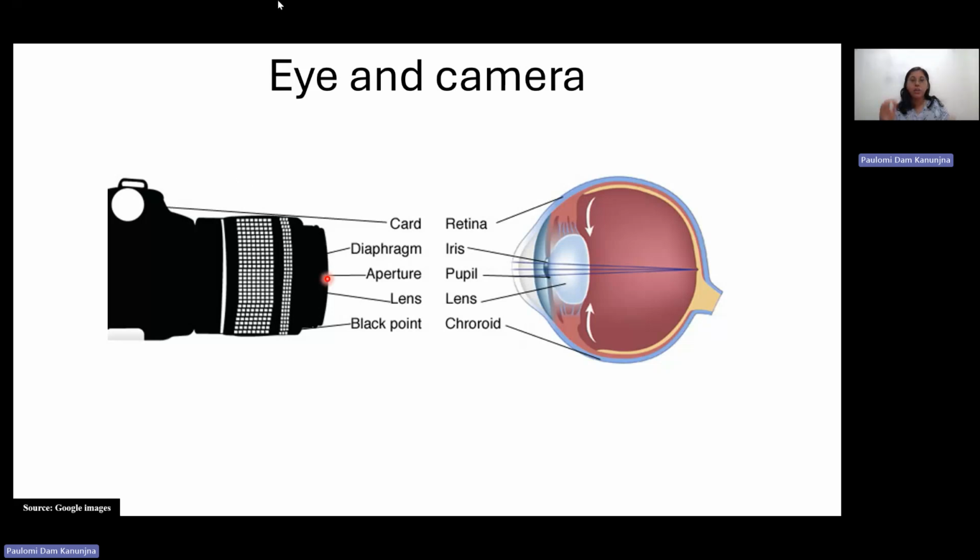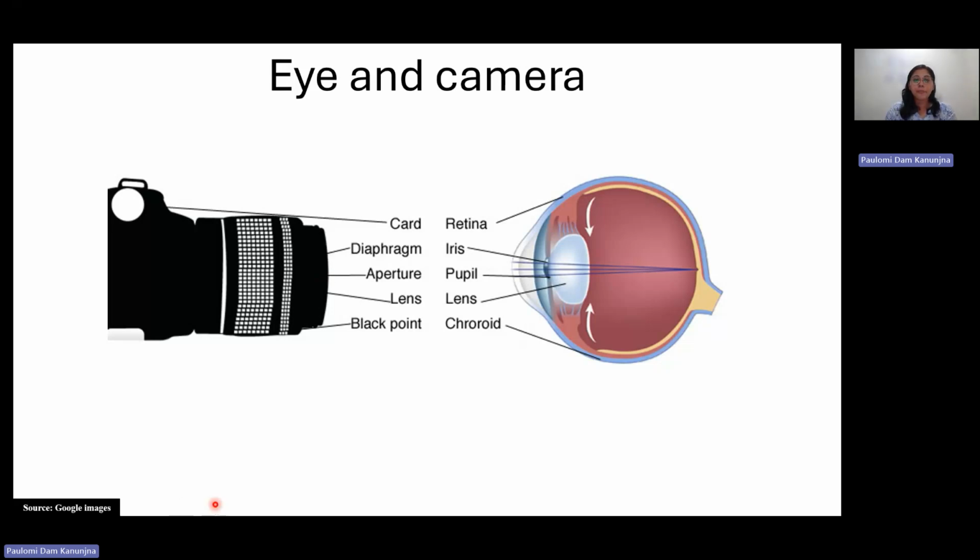In the same way in your eyes, the optic nerve carries that information as signals to the brain, and the brain interprets this as an image. If you place all these side by side, one, it will help you remember the function, and second, it will help you visualize how a camera and eyes work similarly, right?